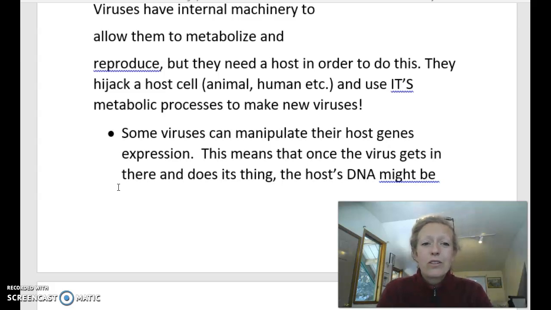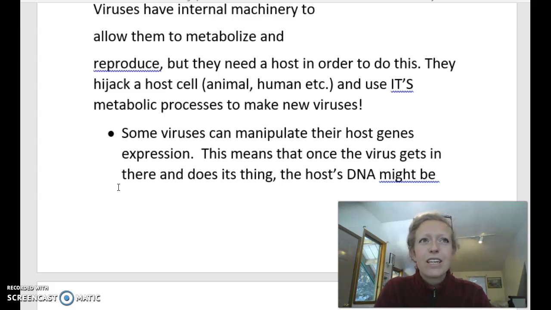In order to use its internal machinery, to metabolize and reproduce, to make copies of itself, they have to hijack the host cell of whatever they've attached themselves to. They need to use the genetic material from that host in order to use the genetic material that they have, and then they can make copies of themselves.